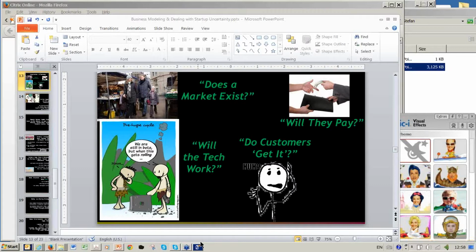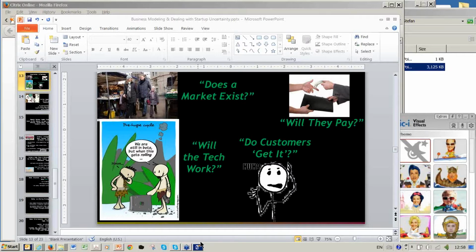All the others bootstrapped through customer revenues or their own means, maybe in combination with some debt or loans.